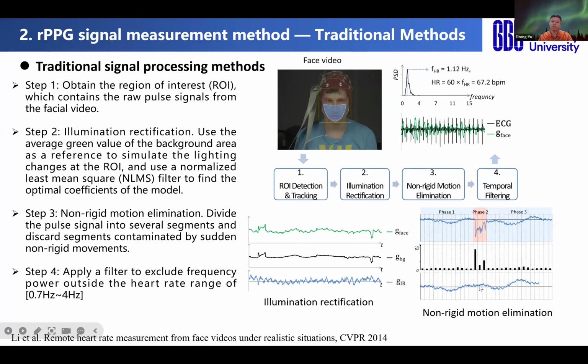For example, they estimate the motion and they think phase 2 has sharp motion. So they remove this signal part and then combine the signal from phase 1 and phase 3 together. So they get a new signal. This is a very handcrafted pipeline, and it will easily overfit, I mean, not data-driven overfit, into this dataset. For example, if we change to another environment, maybe this step or this step will work badly.